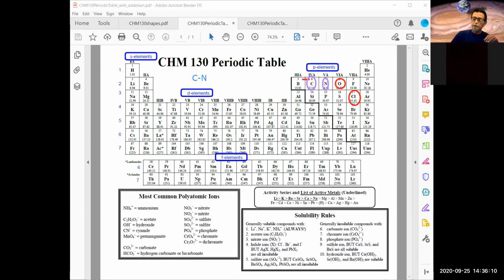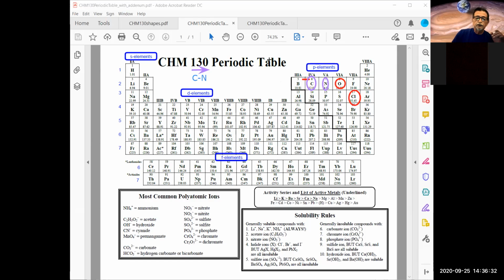Nitrogen, exactly, because nitrogen is a lot closer to fluorine. What does that tell you then? That tells you that in the bond between carbon and nitrogen, the electrons are being pulled toward nitrogen, okay?